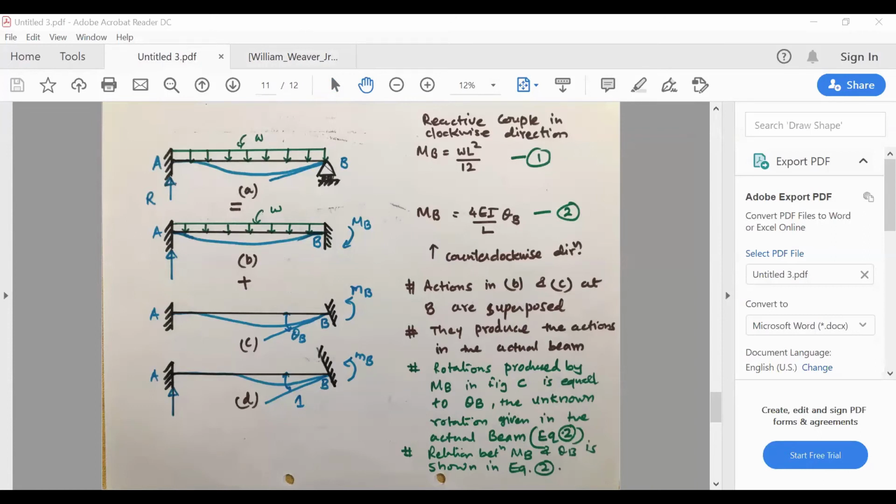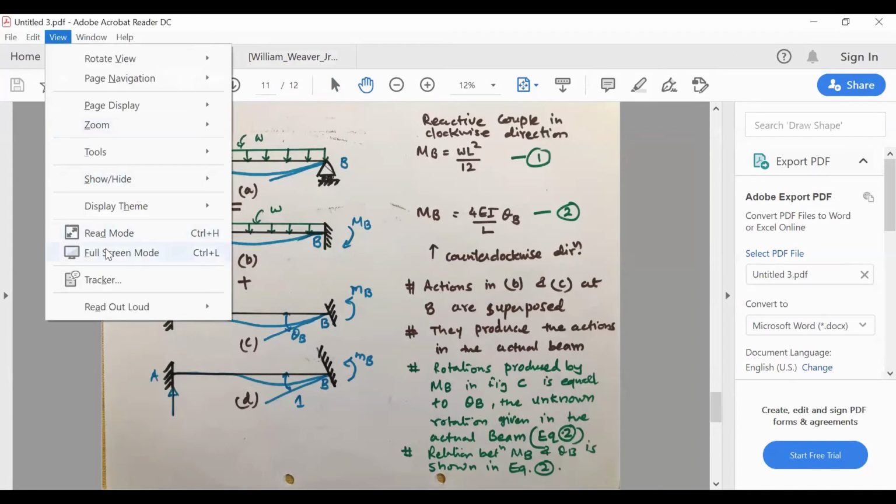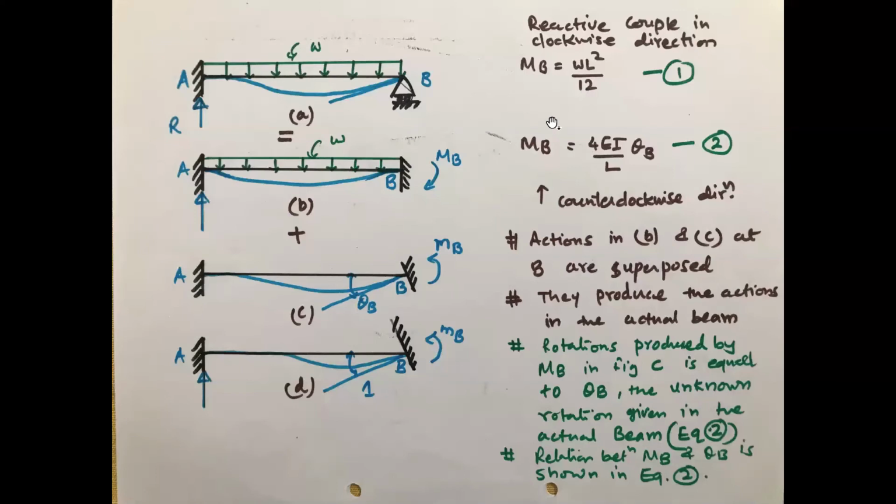So let us go back to our original diagram. MB is equal to the reactive couple in the clockwise direction, WL square by 12.